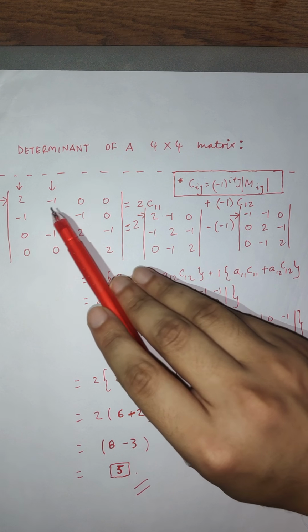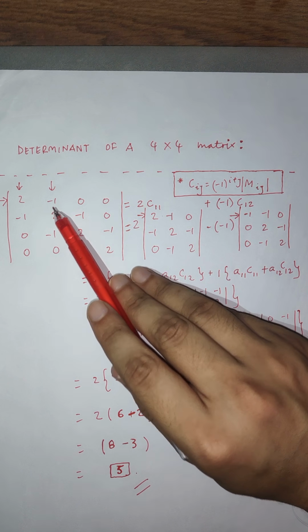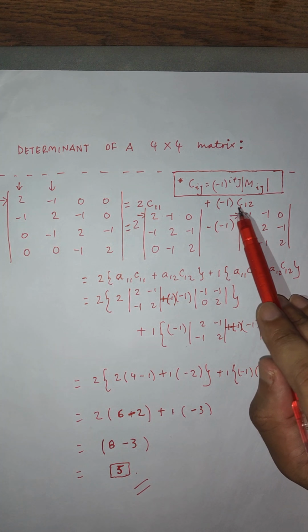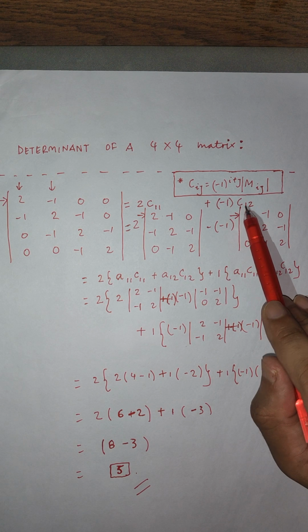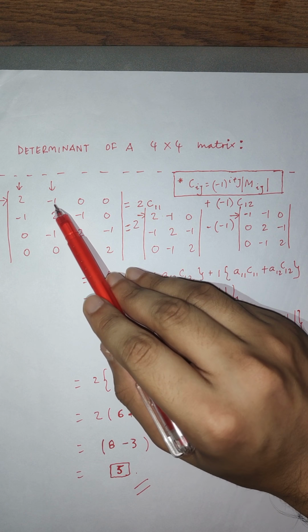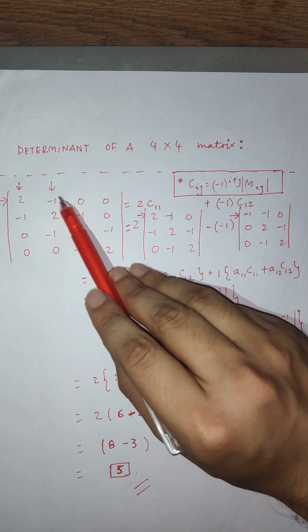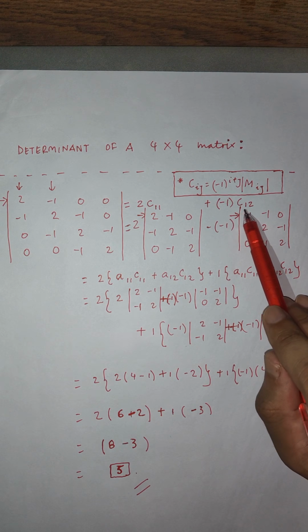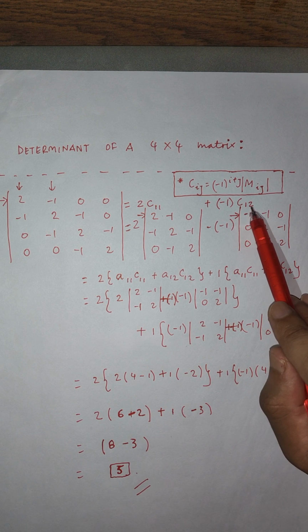Plus we go to the second entry, which is -1, and then multiply -1 by the cofactor for position 1 2. So the position of -1 is row 1 and column 2.